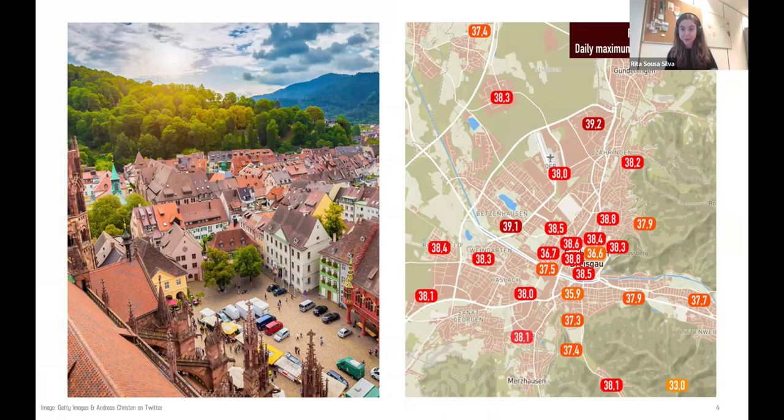If you think about Freiburg with the Black Forest next to the town, still in summer, these are data from 2022, we got almost 40 degrees in Freiburg. So it touched upon all the different cities, small and large towns, and even if you have a lot of green around your town, it still can get pretty hot.